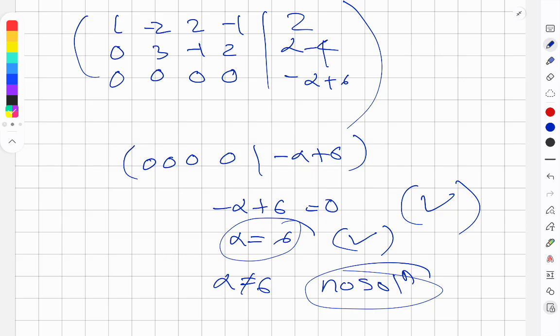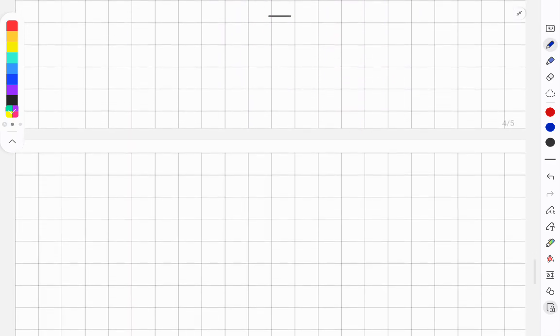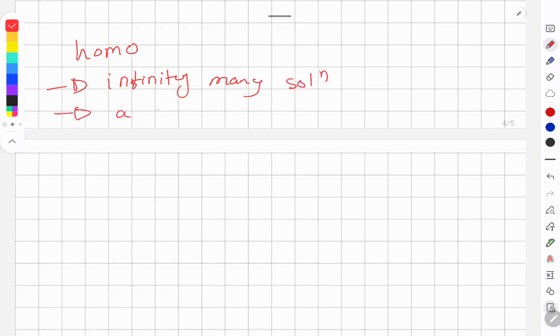Now, does there exist a t such that the homogeneous system with zero vector on the right has a unique solution x equal to 0? The answer will be justified. Coming back to the last lecture, our homogeneous case has two possibilities: infinitely many solutions, or in the other case the trivial solution, the zero vector.